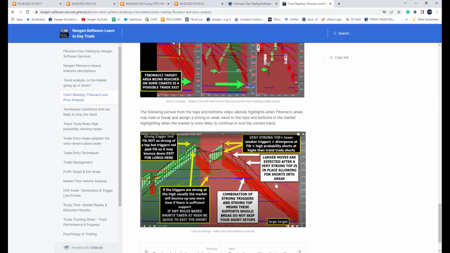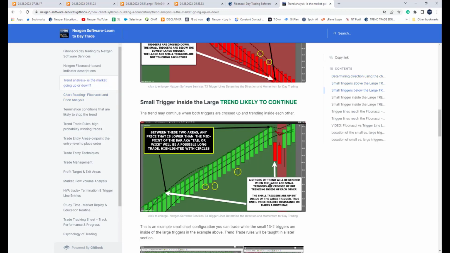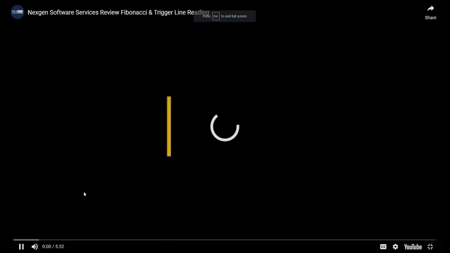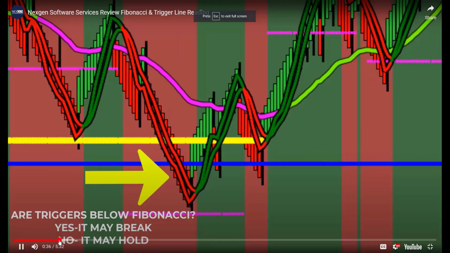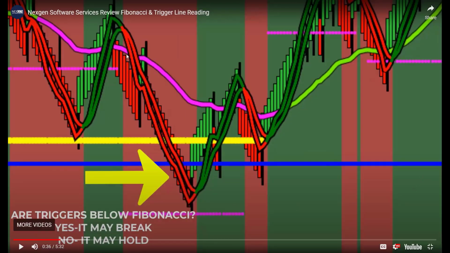So again, there's another video. When you watch this video, you'll see that it is technically predicated on the continuation logic. So let's say you wanted to get long and the small triggers are going down, you can get long after the small triggers roll up and you have support.